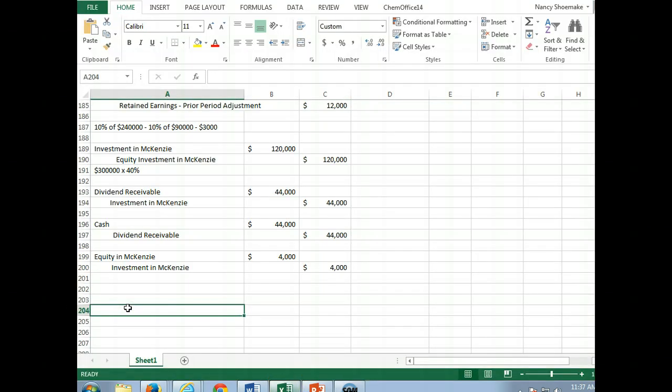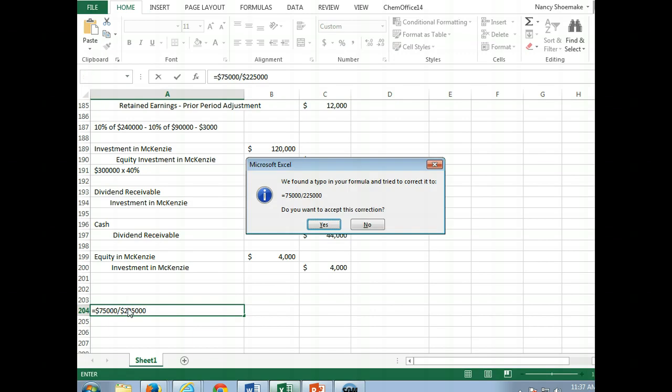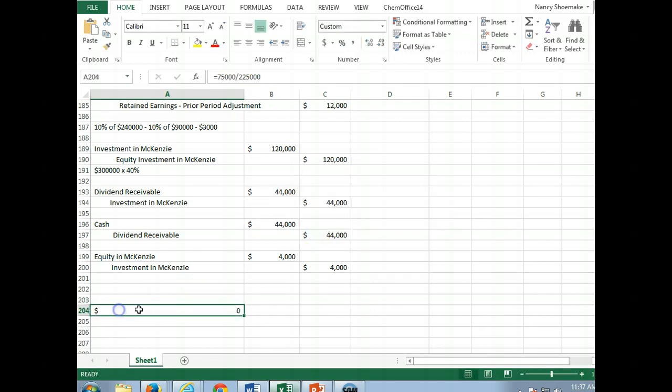So 75,000 divided by 225,000 equals about 33%. So we know the gross profit rate is 33%. That's the first thing we have to do.